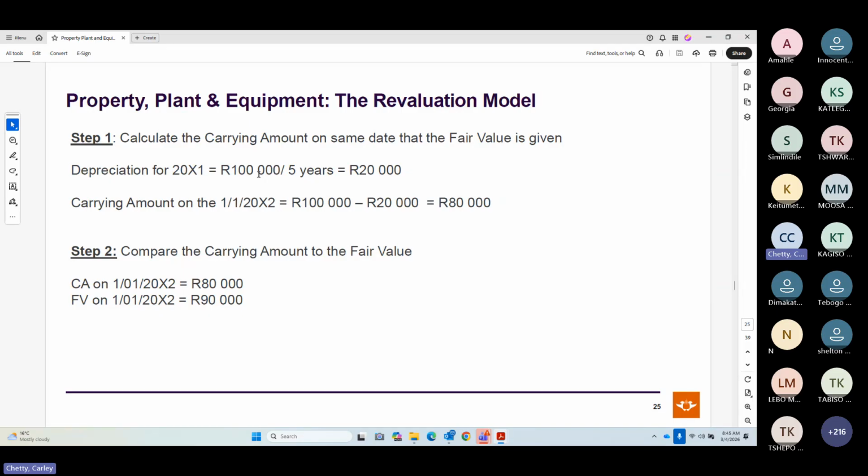So now we have the carrying amount of 80,000, on the same date that the fair value is given. The fair value is given as 90,000. So we are comparing the carrying amount of 80,000 to the fair value on 1 Jan 20X2 of 90,000.